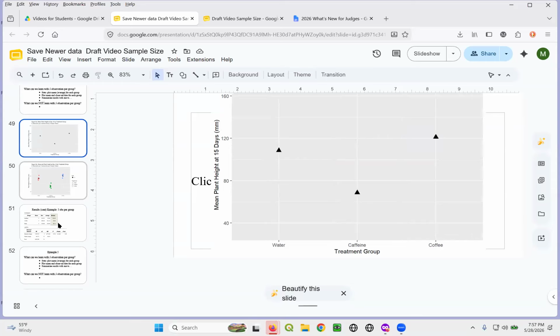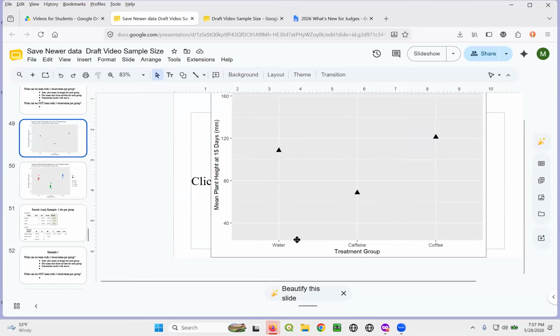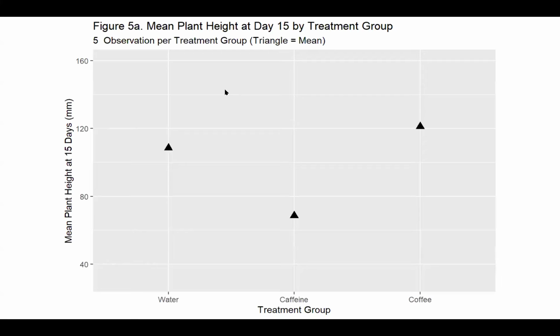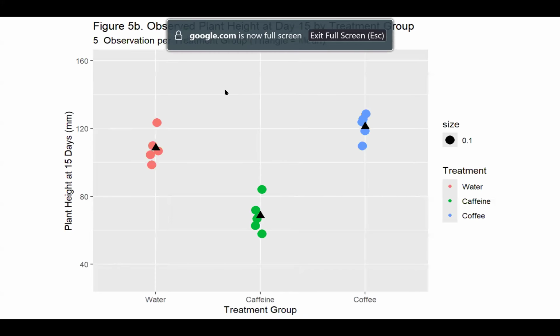And again, my plan is to have the two plots side by side with the caption down below describing what's in A versus B. Figure A, figure B. Okay, there. Sorry, it was very slow.